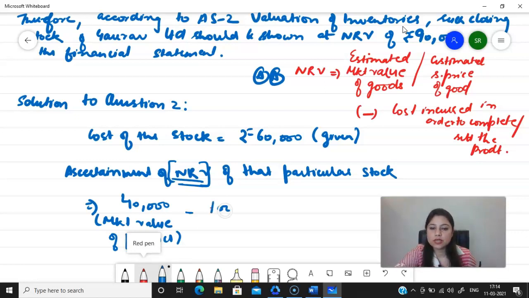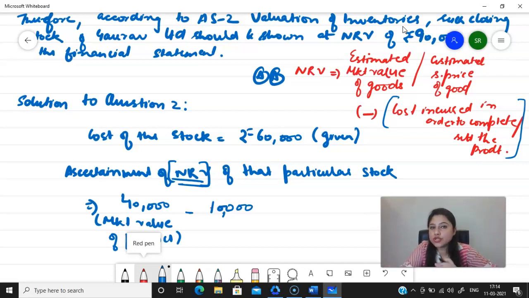So in order to make it useful for the business, 10,000 has been incurred on that product to make it usable by the business, and therefore we will be deducting it. This 10,000 belongs to the cost incurred in order to sell or make that product usable by the business, and this 40,000 is the value mentioned in the question, that the purchase price, as in the market value of this product, amounts to rupees 40,000.